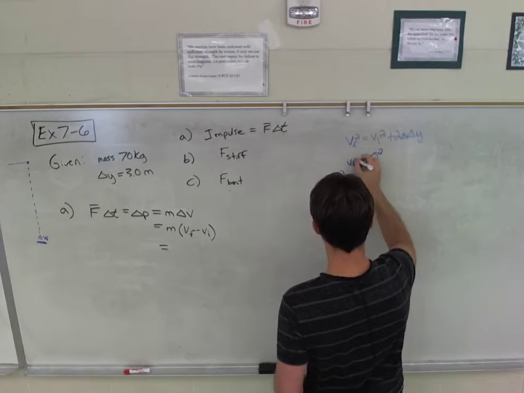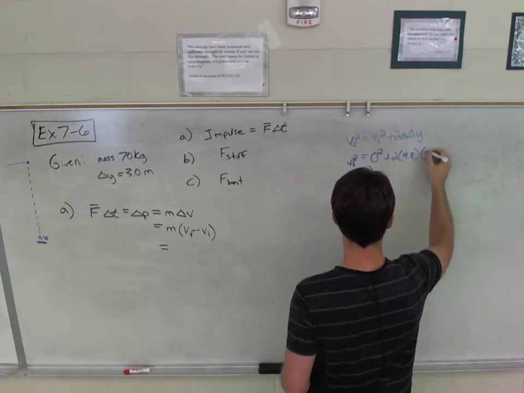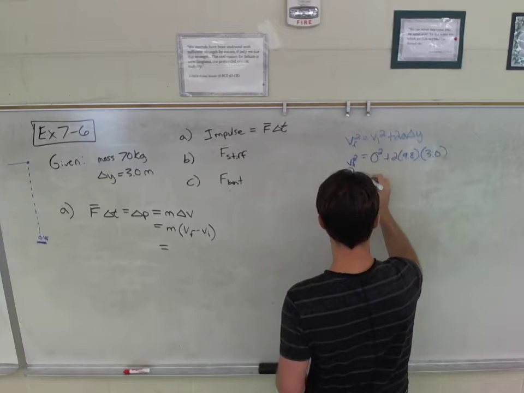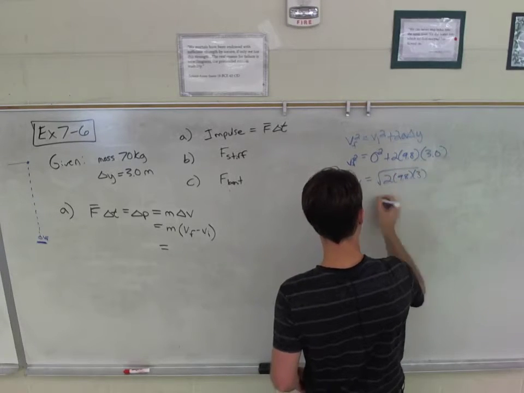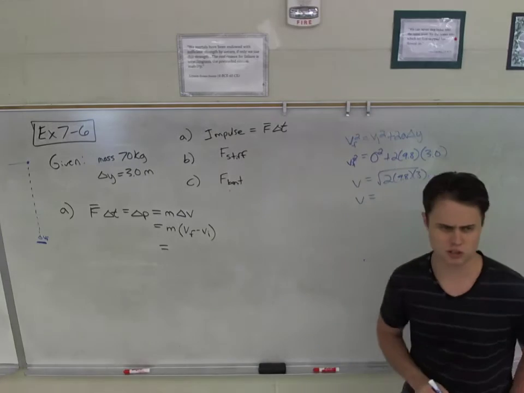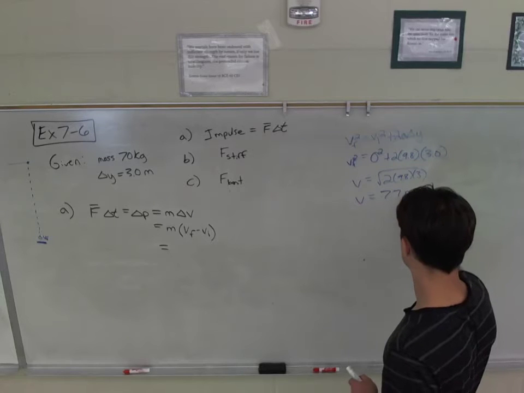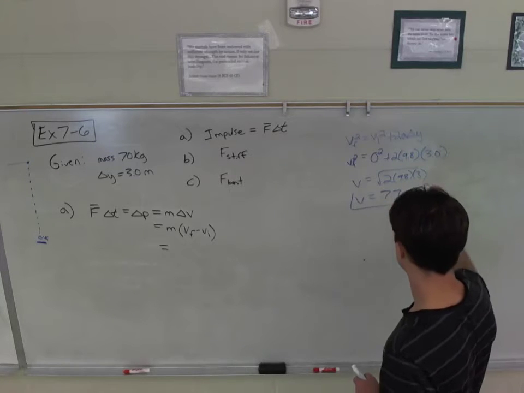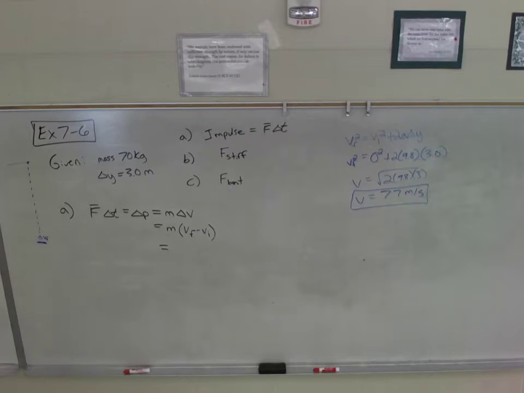We want the final velocity, and we know gravity is 9.8 and the change in height is 3. So can't we just go root of 2 times 9.8 times 3 and find that velocity? What is it? 7.7? There we go. That's the velocity right before we hit the ground.